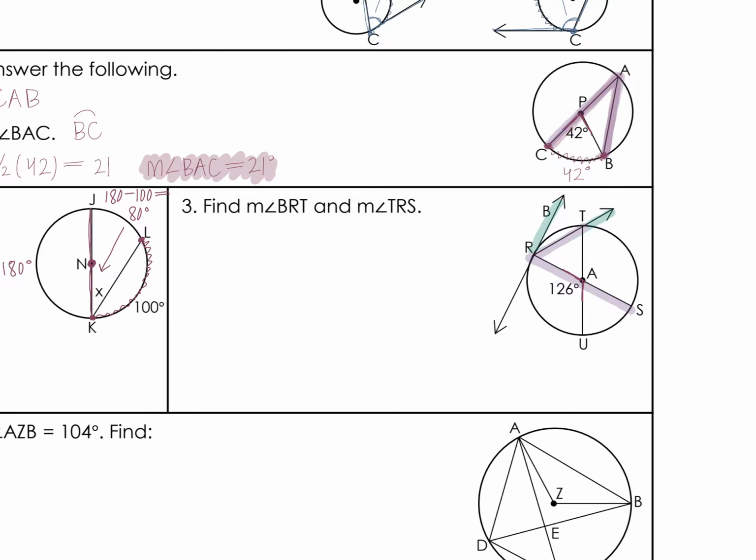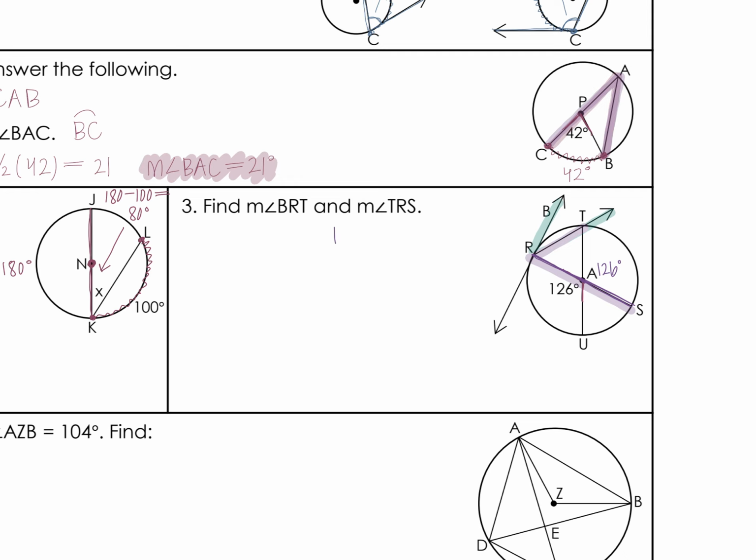And you can use your vertical angles because we still are going to have that they're congruent, even in a circle. So this will be 126 degrees as well. And since we do have a diameter being formed here, we know that that whole side is going to be 180 degrees.